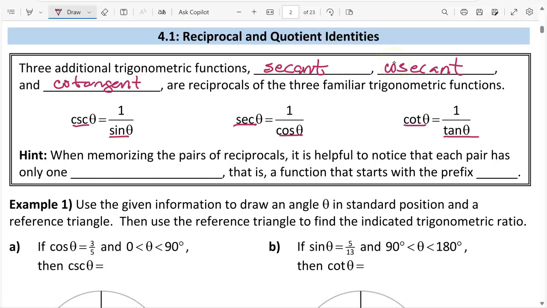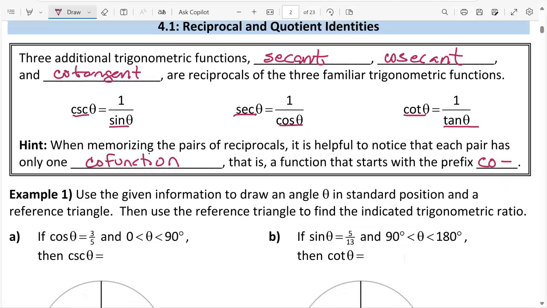When you're memorizing these pairs, it's helpful to notice that each pair has only one cofunction. That is a function that starts with the prefix co. So the reciprocal of cosecant is sine, the reciprocal of secant is cosine, and the reciprocal of tangent is cotangent.